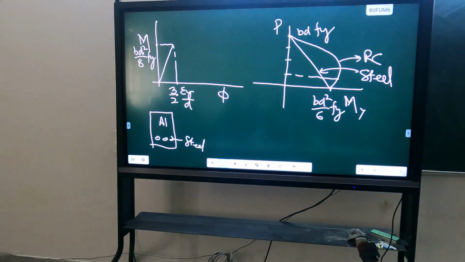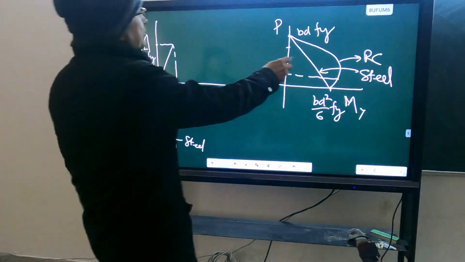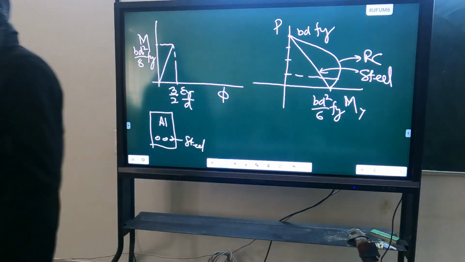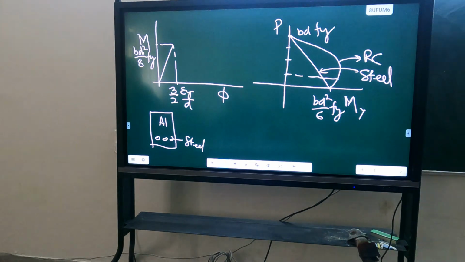But it doesn't happen. The moment capacity increases only up to a particular value of axial force. After that it reduces. Why so? Why doesn't it go on continuously increasing? With the logic I have given you, it should go on increasing with axial force. The more axial force I apply, the more area will be in compression, so the more moment it should take.